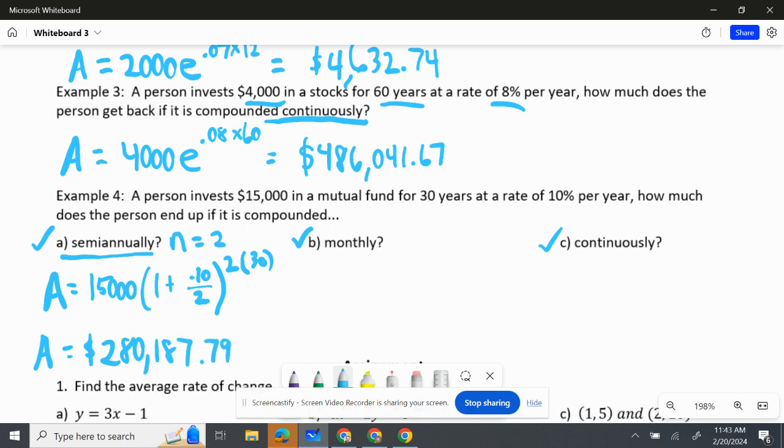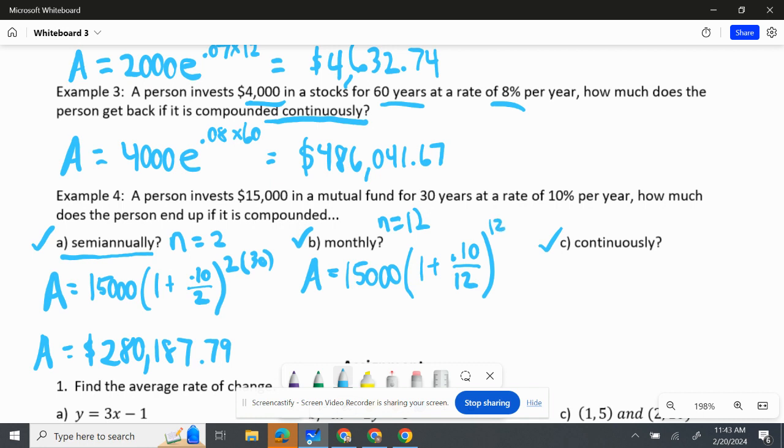Now, monthly. We know monthly is 12 times per year. So we have our initial 15,000. We have our 1 plus. We keep our same rate, which is 10%. This time it compounds monthly, so n is 12.